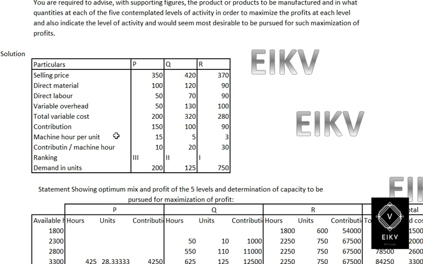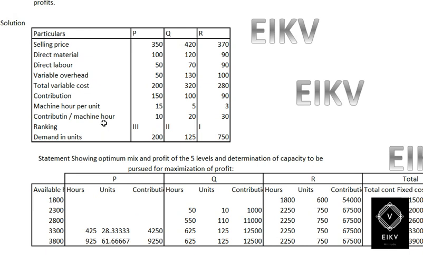Then we need to take the machine hours. Machine hours is given in the question as 15, 5 and 3. Then we need to compute contribution per machine hour. So the contribution per machine hour will be 10, 20 and 30.